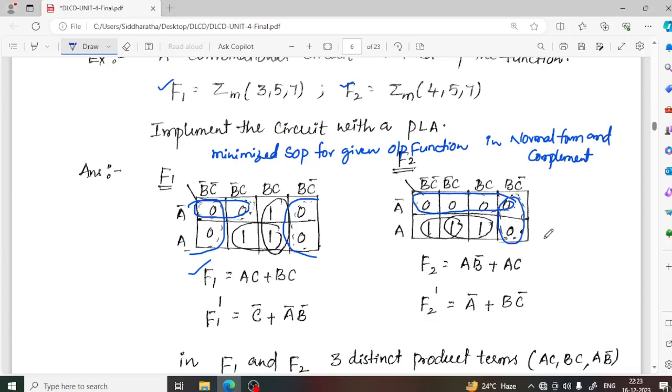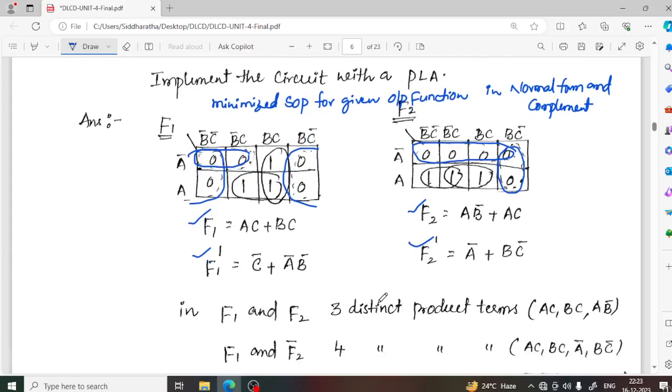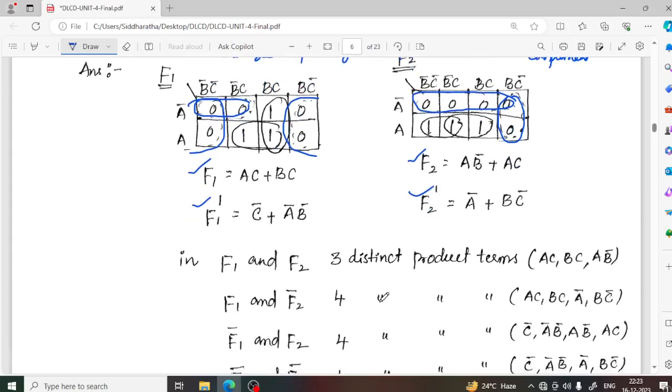Initially you have to find the simplified expressions using the K-map in both forms. That is normal form, F1 and F2, by grouping ones. Then you have to find F1 bar and F2 bar. Later you have to identify in which combination we can get the fewest distinct product terms.